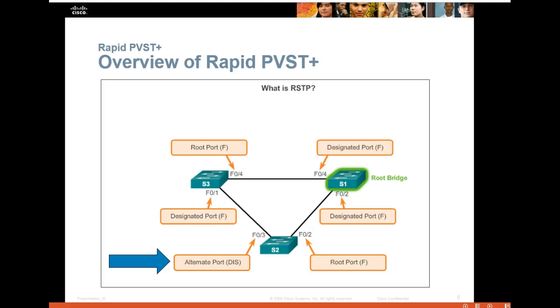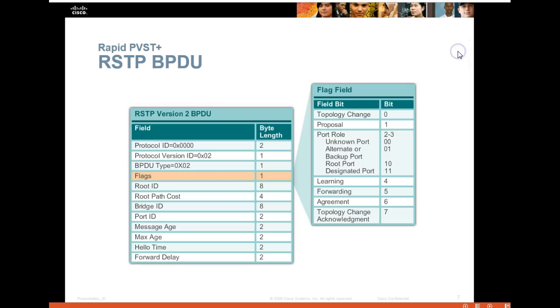All right. So RSTP supersedes the old STP, but it still works with the old as far as the BPDU formats and guards, etc. The flag field uses all 8 bits. So it's a big difference going to rapid PVST+.